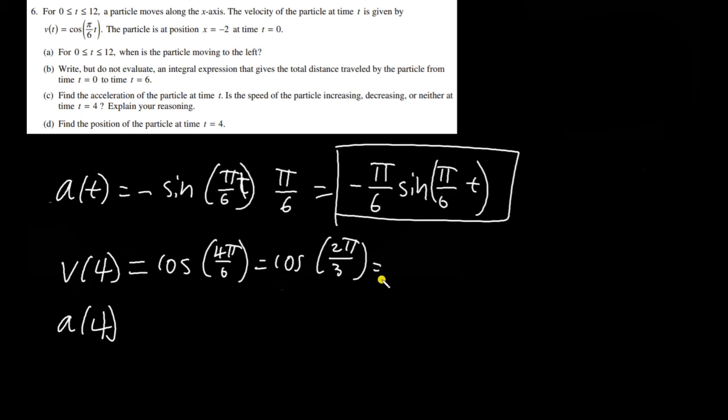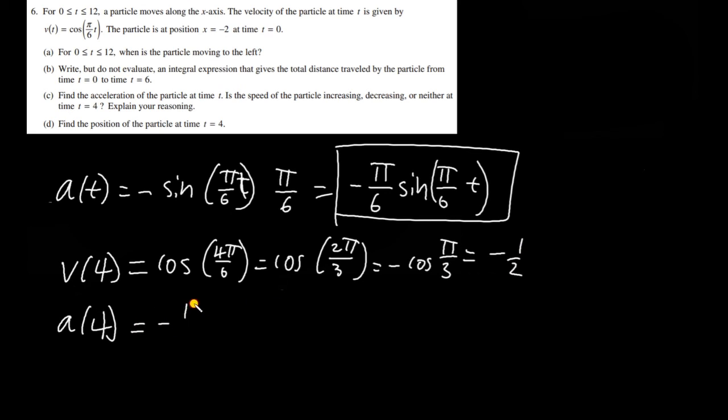So 2 pi over 3 is in the second quadrant, so it's going to be negative, because cosine is negative in the second quadrant, and the reference angle is pi over 3, so this is negative cosine of pi over 3. What's cosine of pi over 3 again? You should memorize that. It is equal to 1/2, so this is negative 1/2.